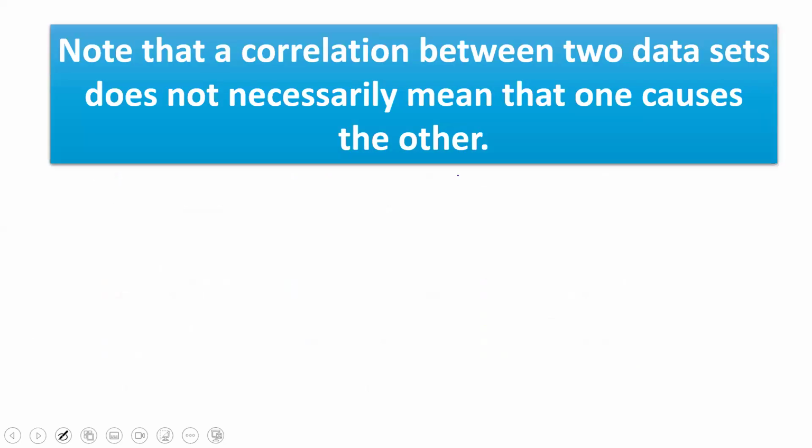Now, note that a correlation between two data does not necessarily mean that one caused the other. It's a very important concept which I explained at the start. You may be connecting variables which are physically not connected.